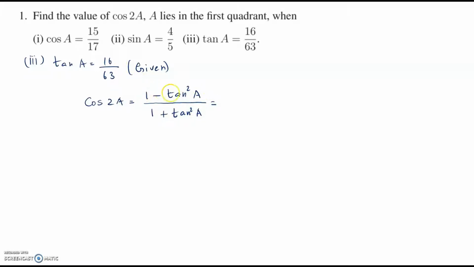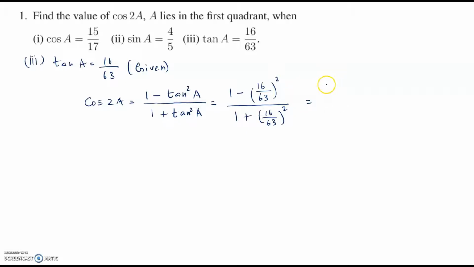Alright, so now let's substitute the value of tan A into this. So this is 1 minus 16 by 63 the whole squared divided by 1 plus 16 by 63 the whole square.